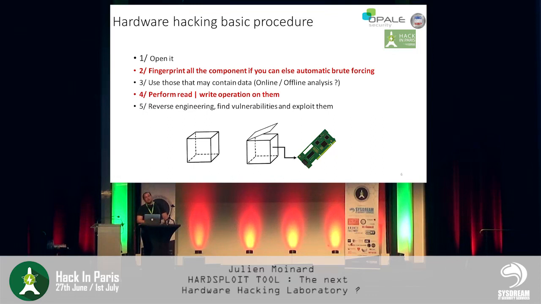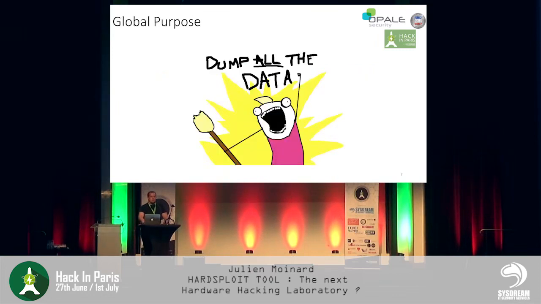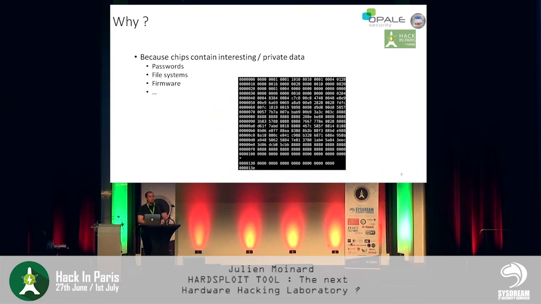My goal today is to explain how you can extract information inside devices with a very simple tool, and a very powerful tool in the next month, because each day we add features to HARDSPLOIT. Of course, the global purpose is to read something. Why? The answer is easy.